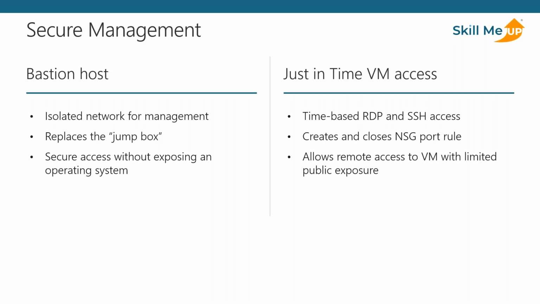A jump box is utilized as that server that is isolated on a separate network that's used by support staff on outside networks to gain access into the network to manage virtual machines on the production network. It provides that extra layer of authentication that's needed to gain access to the production network.